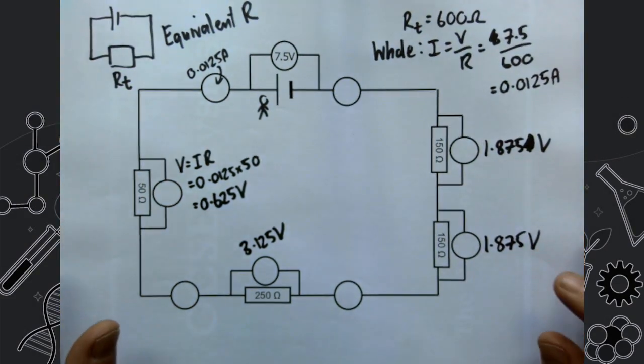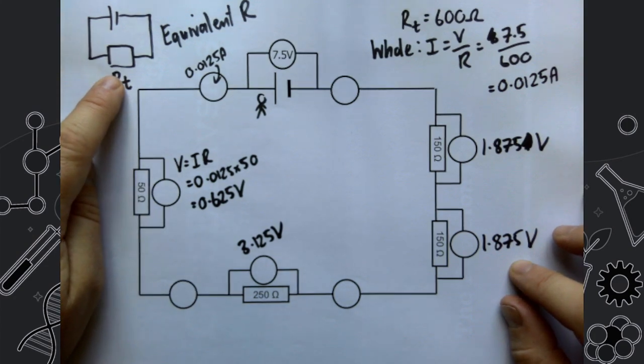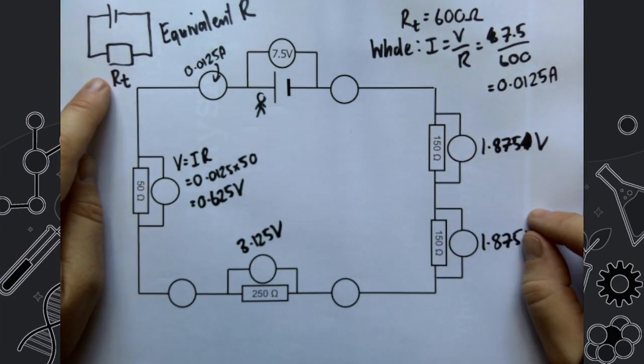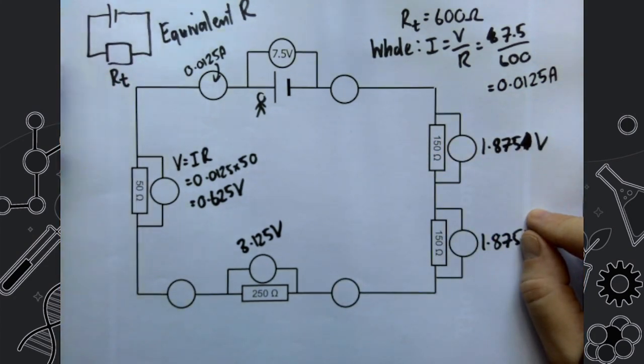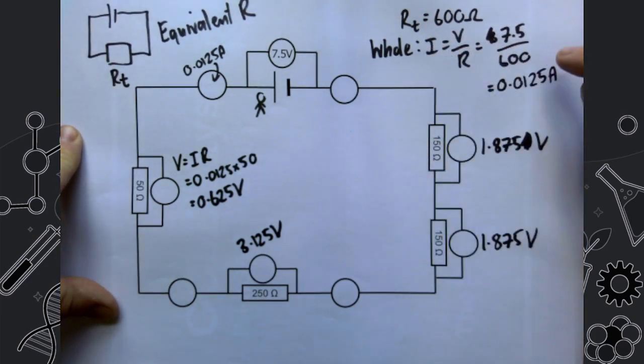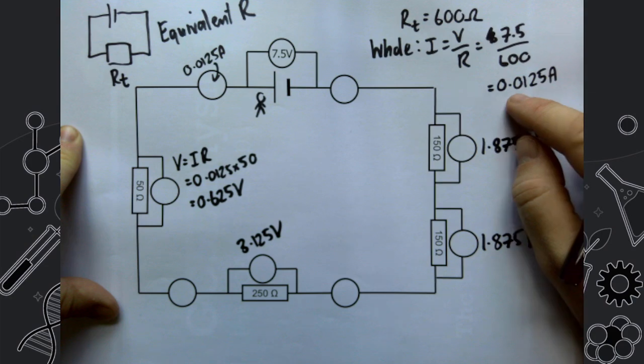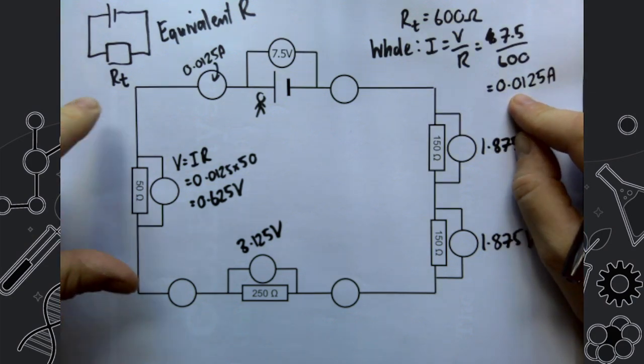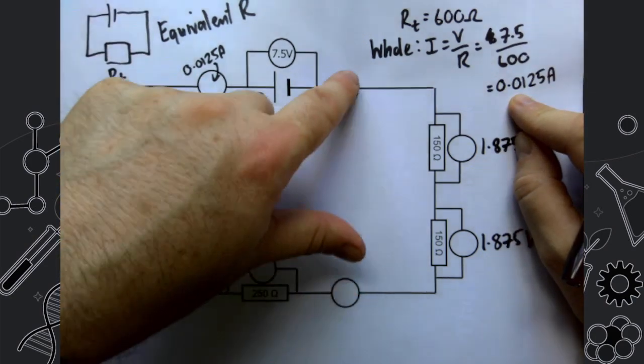And I've said, okay, this resistor is 600 ohms because it is the combination of all four of these. And that gives me a simple circuit of a cell and a resistor. I use Ohm's law for the whole circuit. That's the equivalent resistance, 600. I get 0.0125 amps.